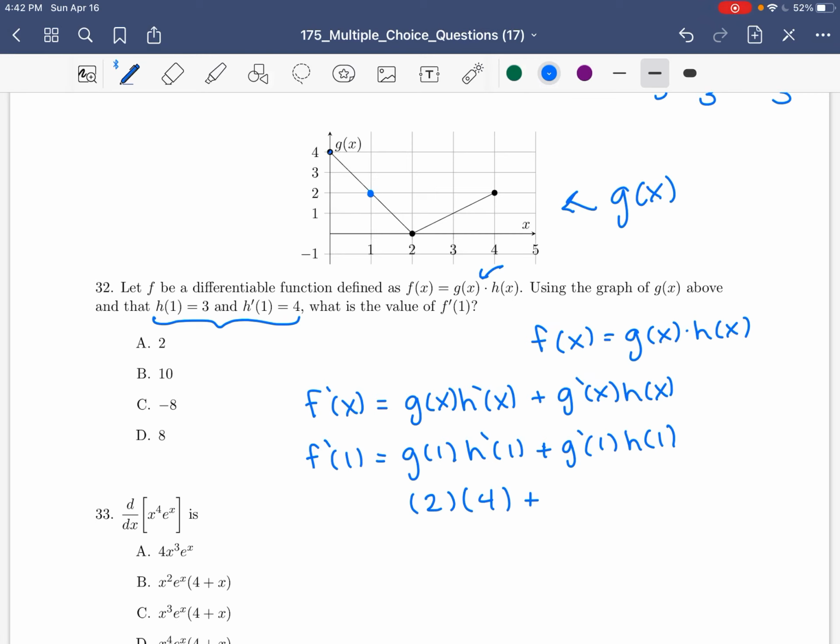G prime of 1 comes from the slope. So it's down 2 over 1. So obviously that's negative 2. They give us h of 1 is 3. So we get 8 plus negative 6, which equals 2. So our answer is A.